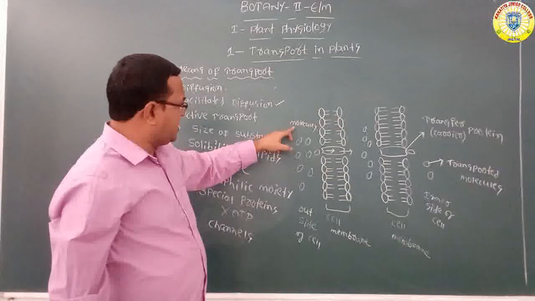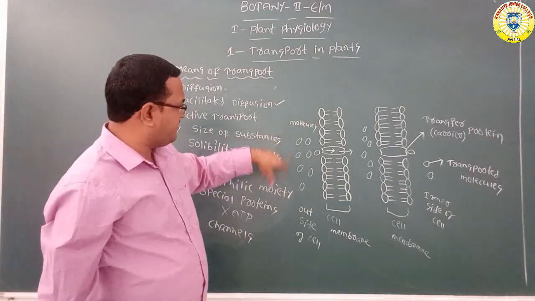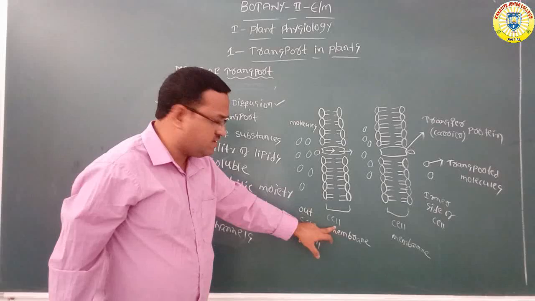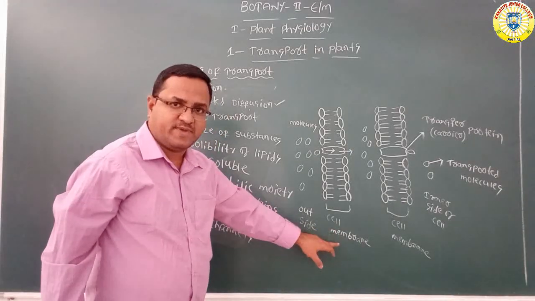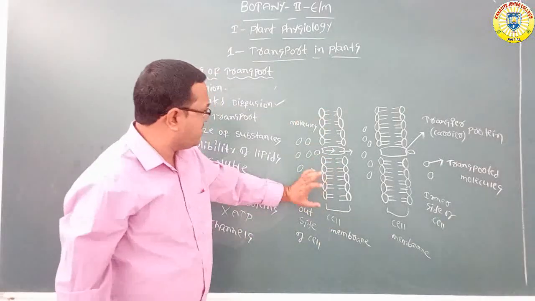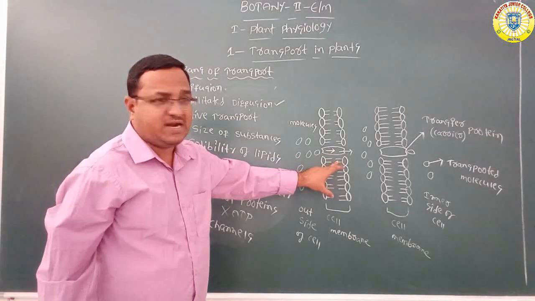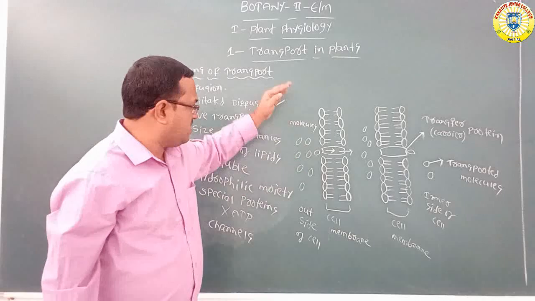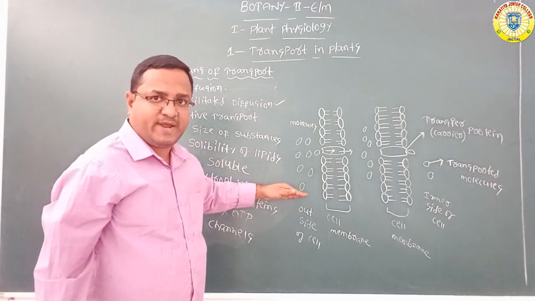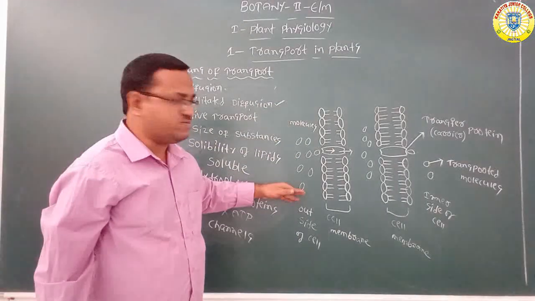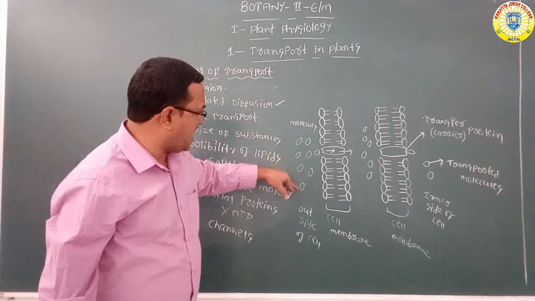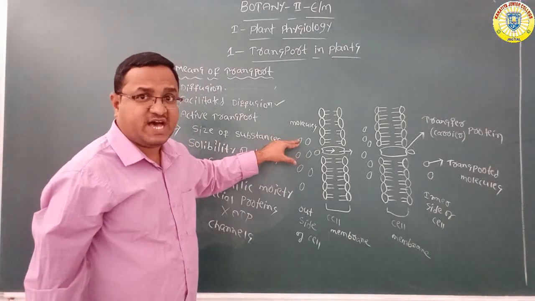Here, molecules are outside of the cell. This is the cell membrane, also called the plasma membrane. The cell membrane has special proteins called carrier proteins or transport proteins. Outside of the cell membrane, the molecules or substances are there.